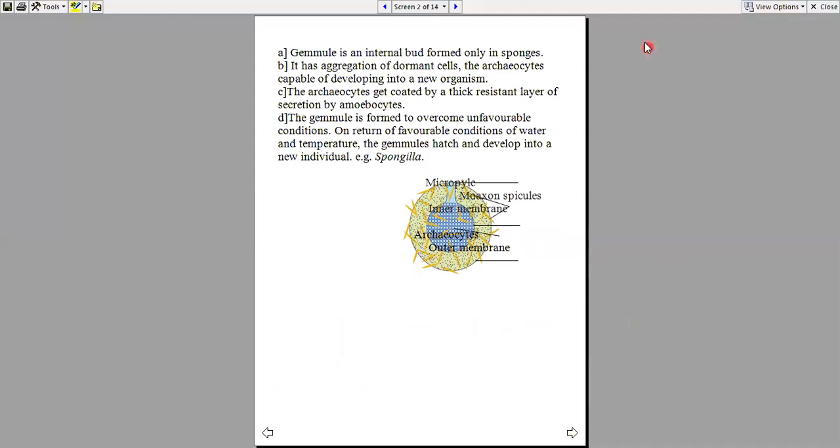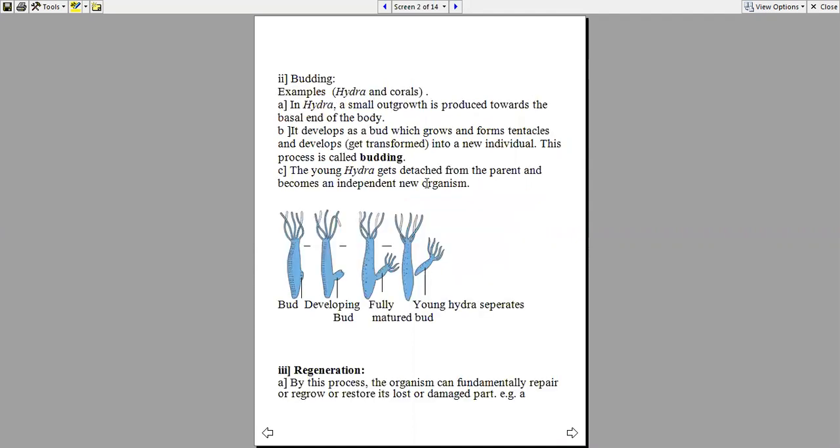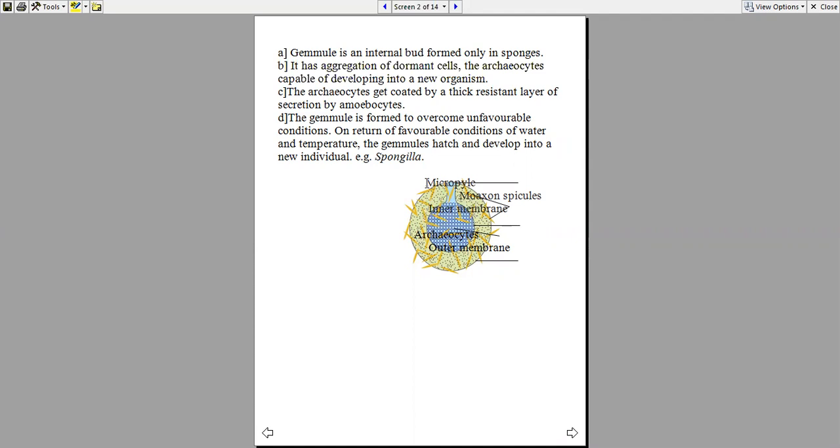Here you can see the diagram for gemmule formation.